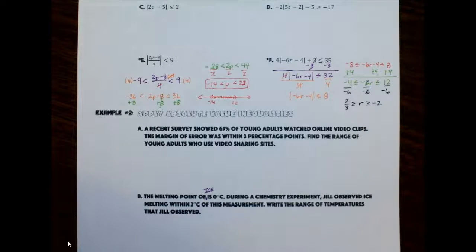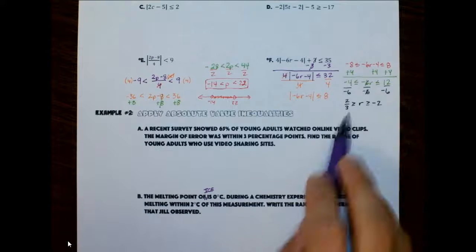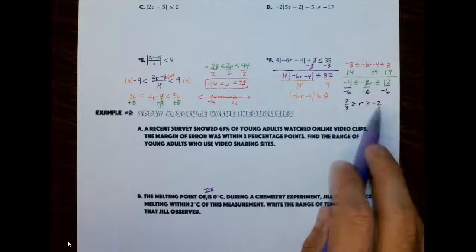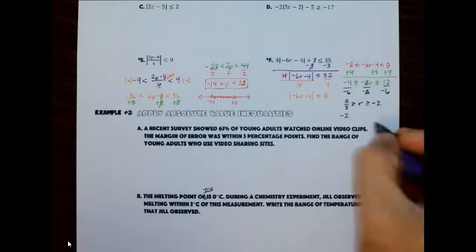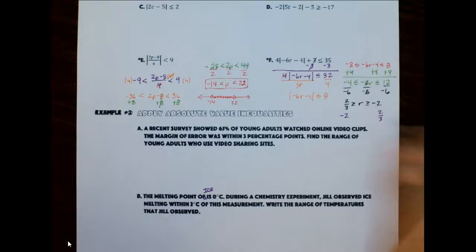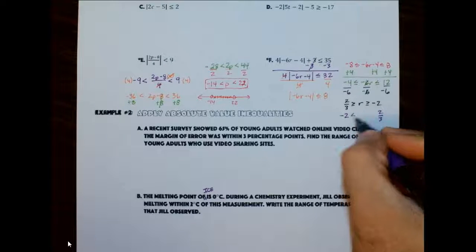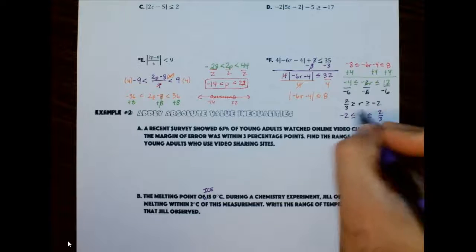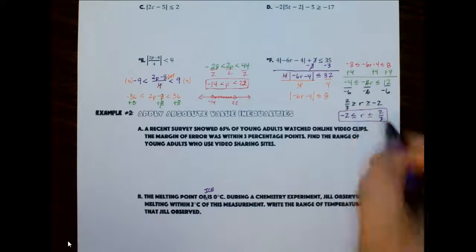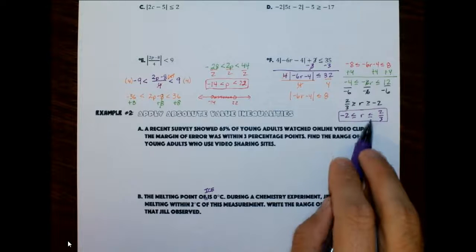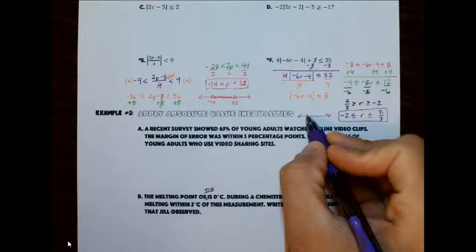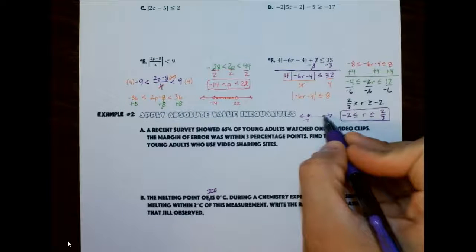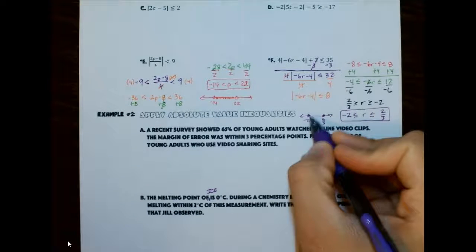Now, you might be thinking that this is no solution because your inequality is flipped around. However, your larger number is on the left, your smaller number is on the right. So you can rewrite it with your smallest number on the left, largest number on the right, and then flip your inequality symbols back around. So your solution is negative 2 is less than or equal to r, which is less than or equal to 2/3. Quick sketch of this: closed circle on negative 2, closed circle on 2/3, shade in between.